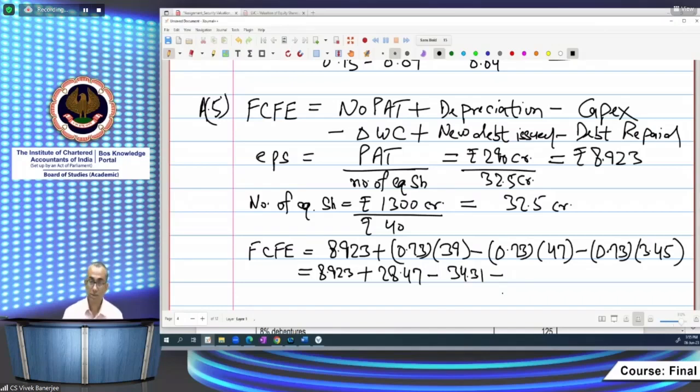Then comes the working capital portion: 0.73 multiplied by 3.45, that is 2.52, 2.5185.